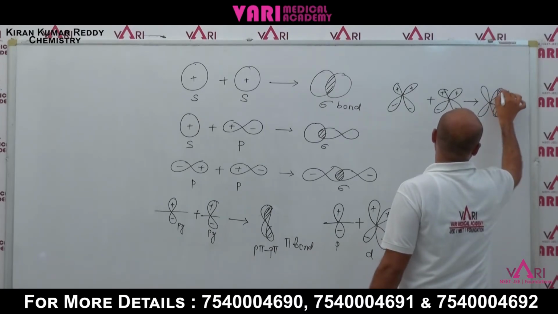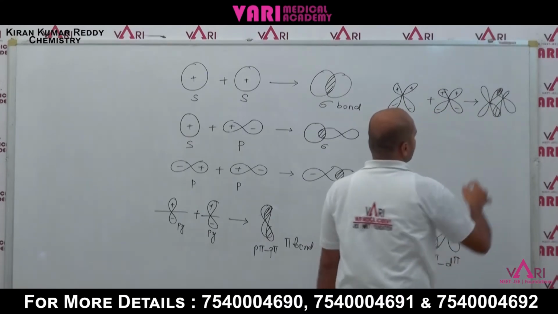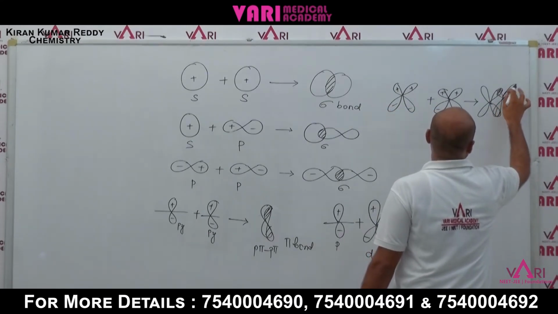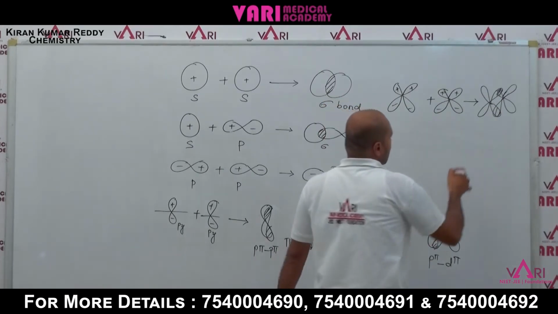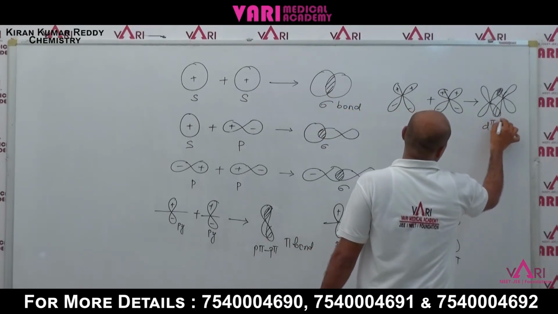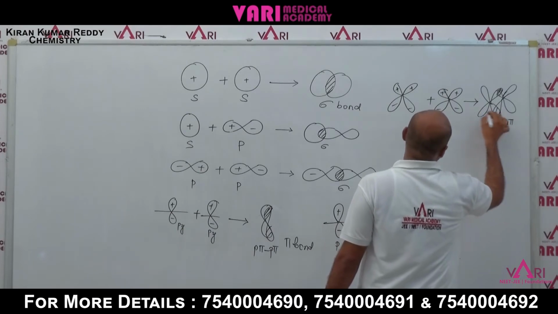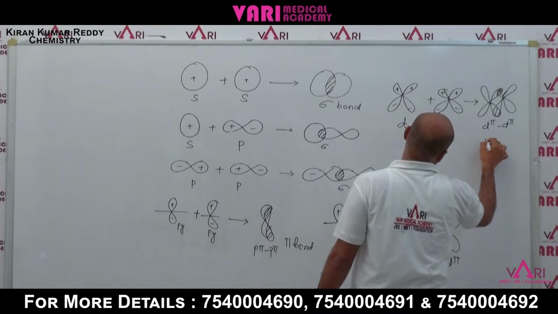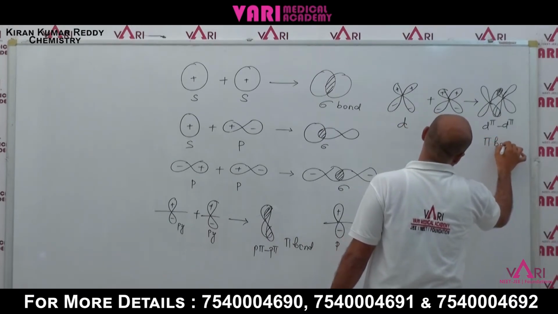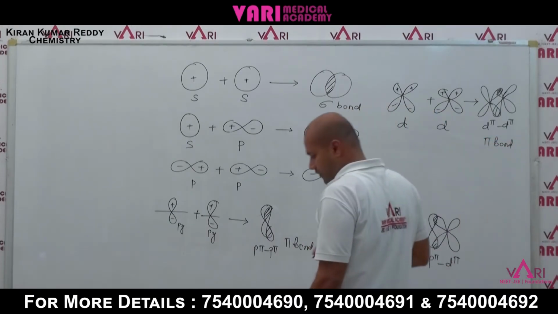This one is overlapping and this one is overlapping. And I am writing like this. This is d pi overlapping, d pi and d pi. This is one d orbital and another d orbital, and here a pi bond is formed. These are the different types of overlapping.